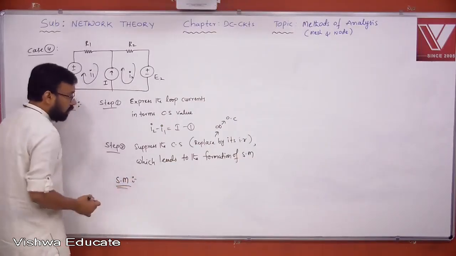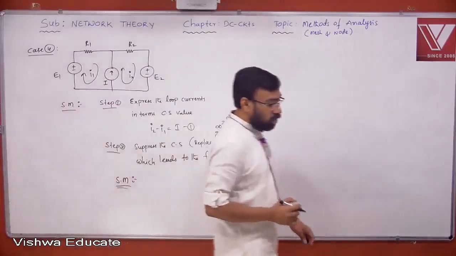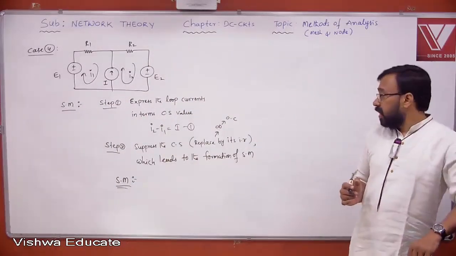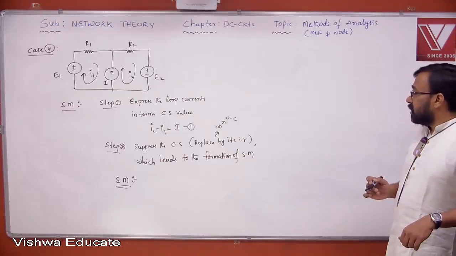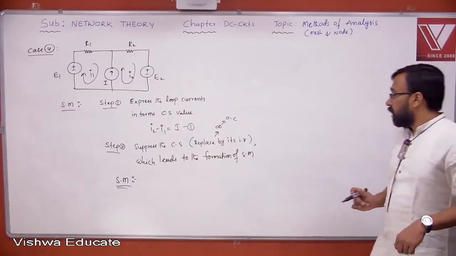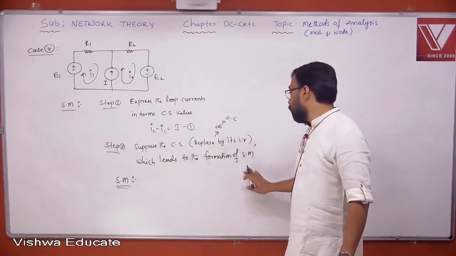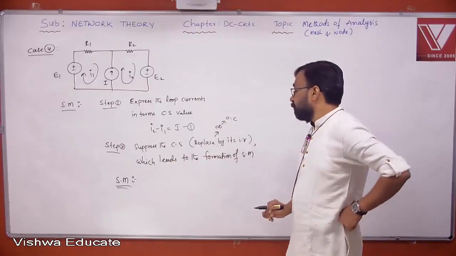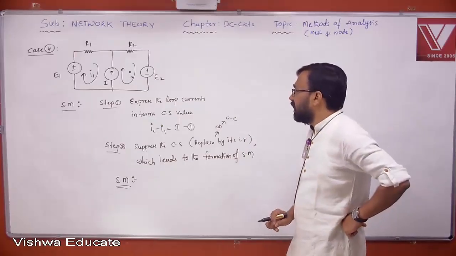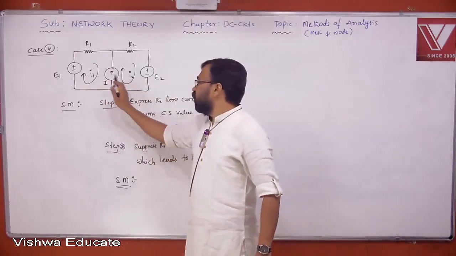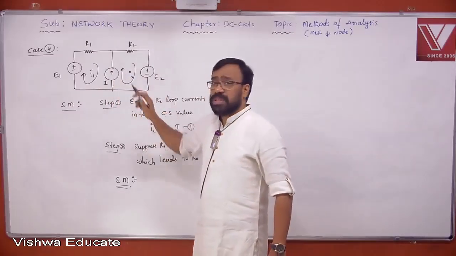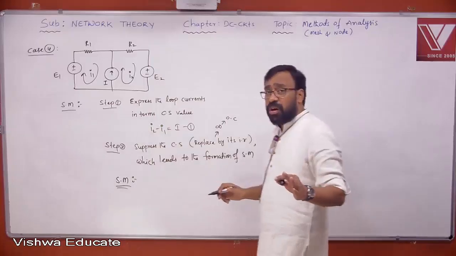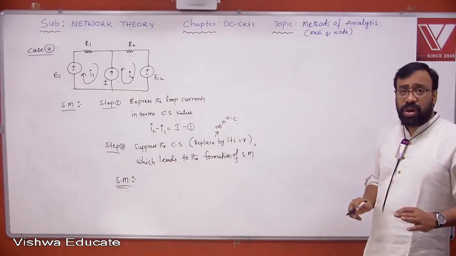First you write this: suppress the current source, nothing but replace it by its internal resistance, infinity, nothing but open circuit, which leads to the formation of a super mesh. What is a super mesh actually? It is simple: the merge of two individual meshes between which an ideal current source is connected. Please write down that. Merge of individual meshes.